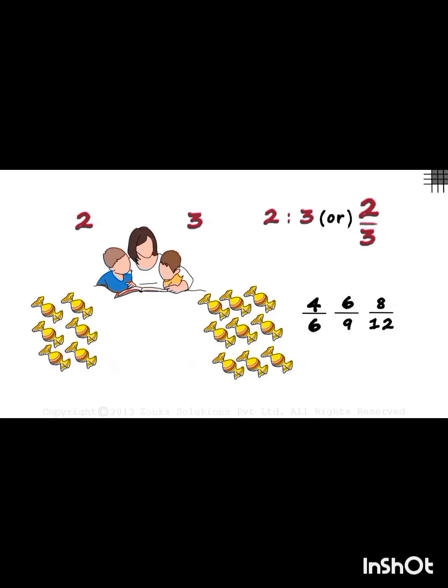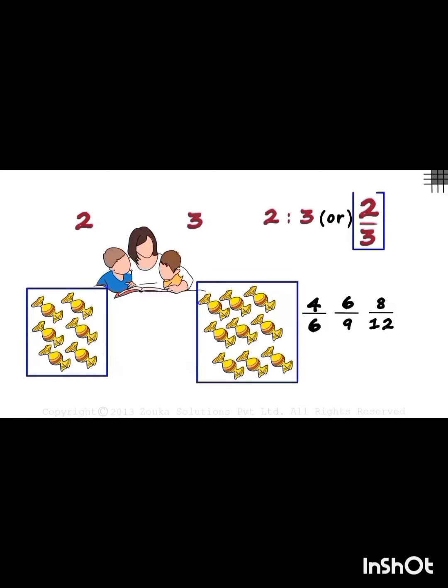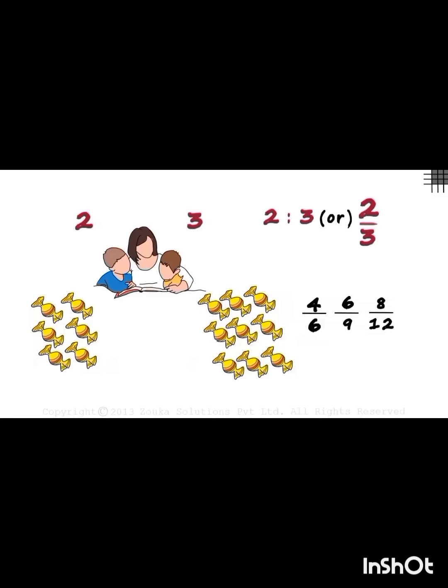What does all this mean? It means that if the ratio of two quantities is 2 by 3, then the quantities will be multiples of 2 and multiples of 3 respectively, and not necessarily just 2 and 3. A few students have this confusion.